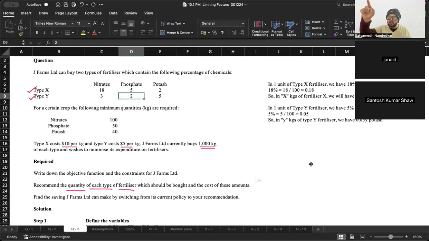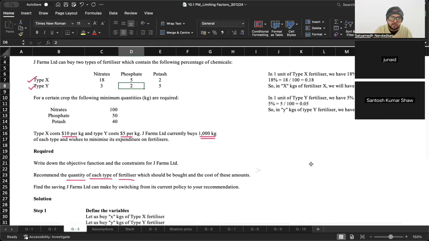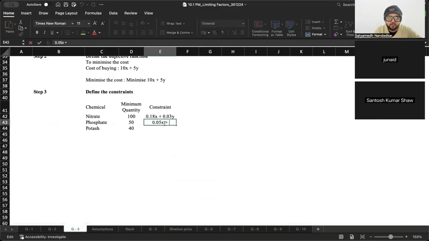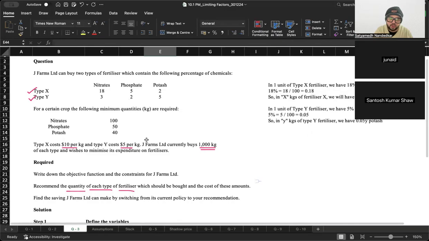Y kg इंटू 2%, 2% इज 2 अपॉन 100, सो ये आ जाएगा 0.02y. एंड पोटैश, in 1 unit of type X you have 2% potash. ठीक है. 1 यूनिट में 2% पोटैश, तो x kgs में कितना?